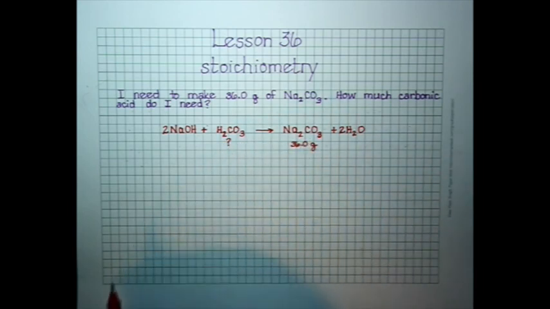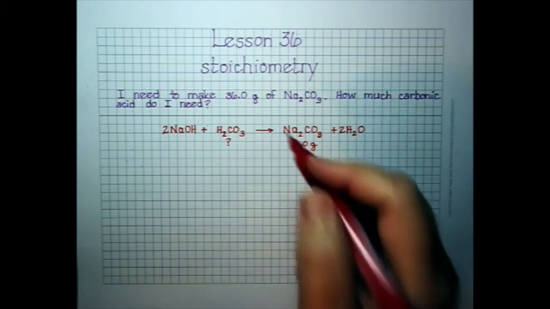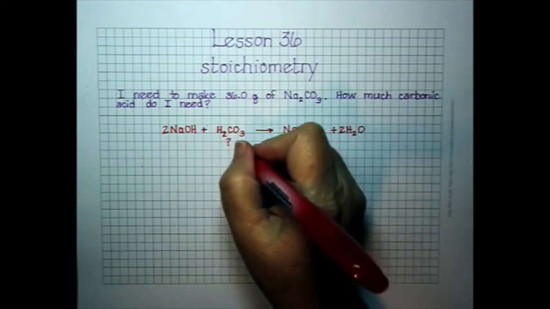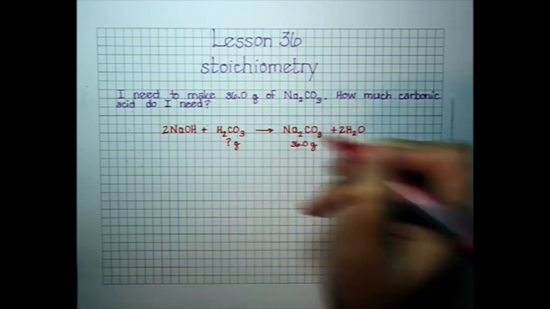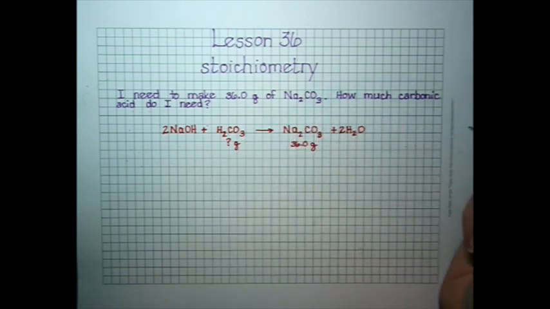It doesn't tell me what units I ought to use. It doesn't tell me whether I need grams of carbonic acid or milliliters of carbonic acid. So there again, if the question doesn't specify, it's my choice. Just for the sake of keeping things easy on this first example, I'm going to say that I need grams. I need mass.